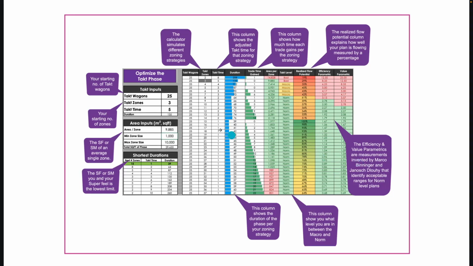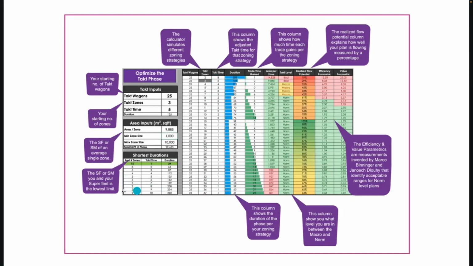And so this calculator, if you enter in 25 wagons and 3 takt zones on a 5-day takt time, it will simulate 25 wagons in each scenario, but it will give you different zoning strategies, what the different takt times would be, and the durations.